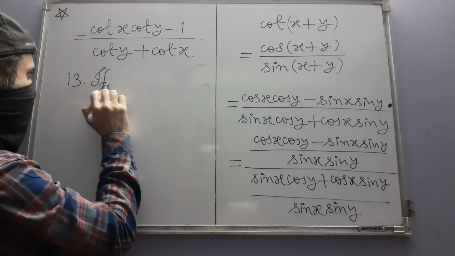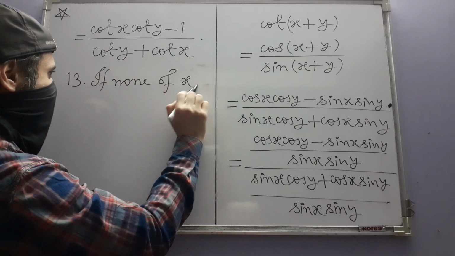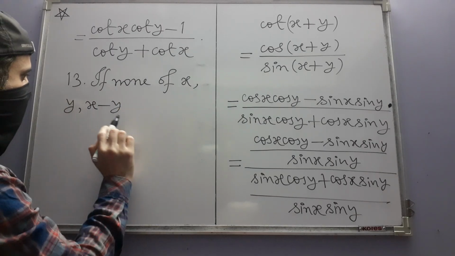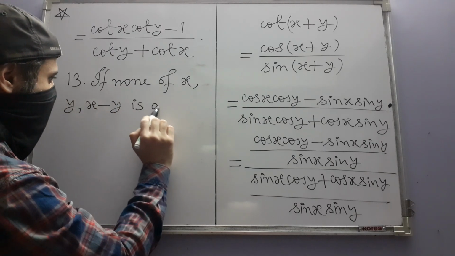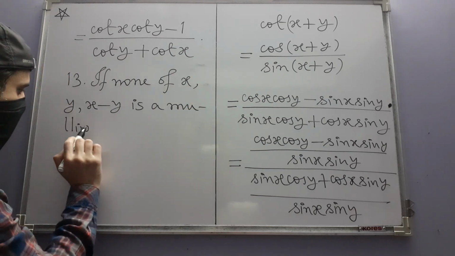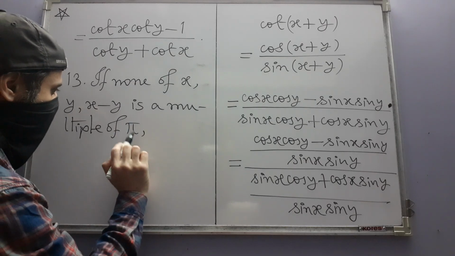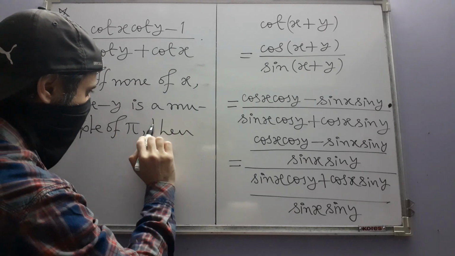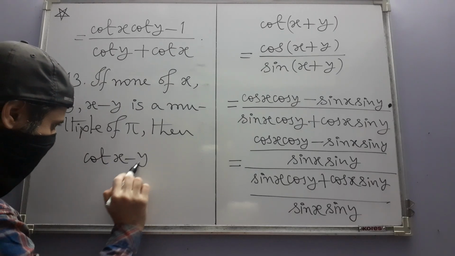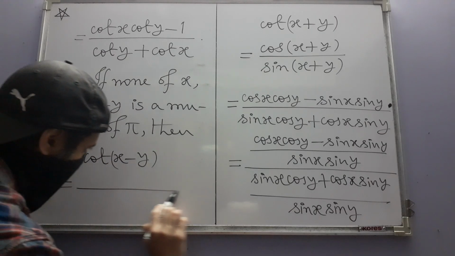If none of x, y or x minus y is a multiple of pi, then cot x minus y, here however you have to be a little careful.